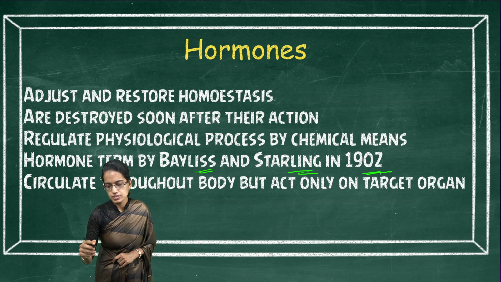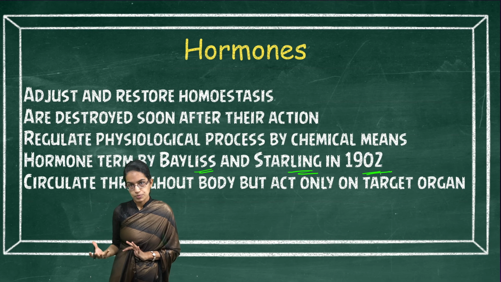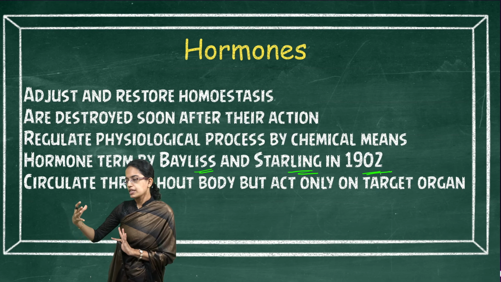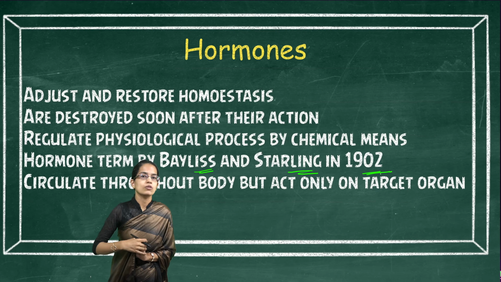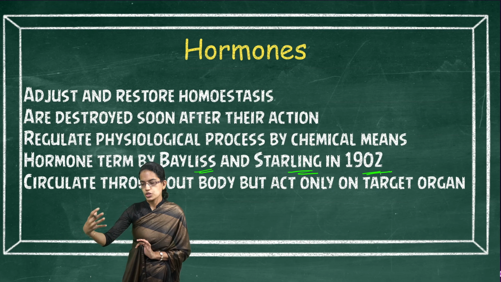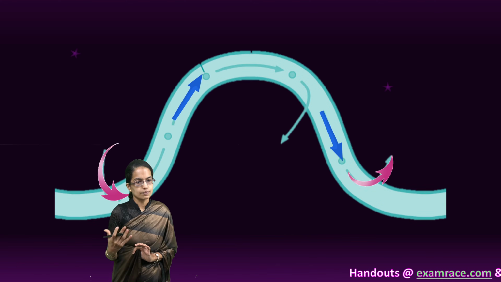Receptors, for example, if they are proteins of a specific shape, then they complement a particular hormone. If they are steroids of a specific aspect, they complement that specific element.